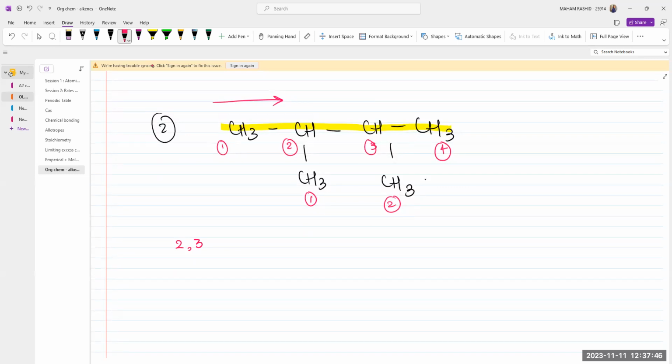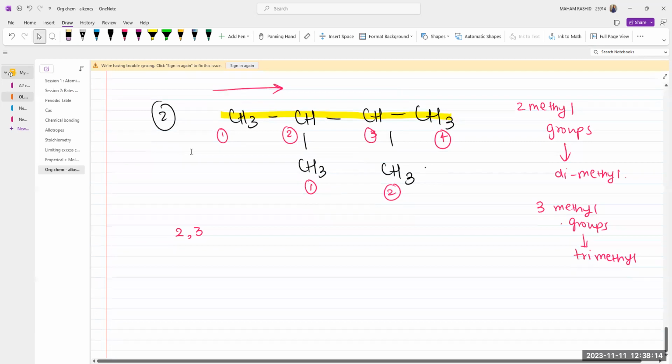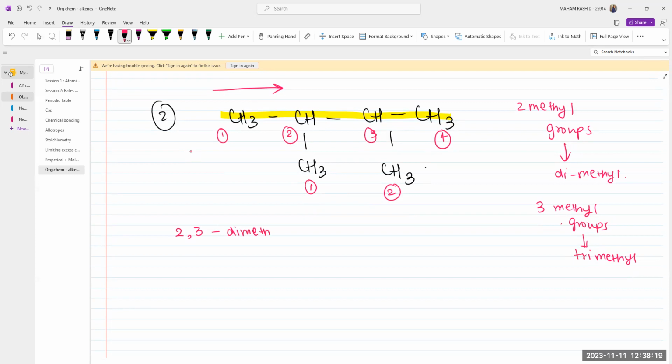So I know that I have 2 methyl groups, and 2 methyl groups are named dimethyl. If I had 3 methyl groups, it would be trimethyl. So in this case, we have 2 methyl groups, so it's going to be 2,3-dimethyl.